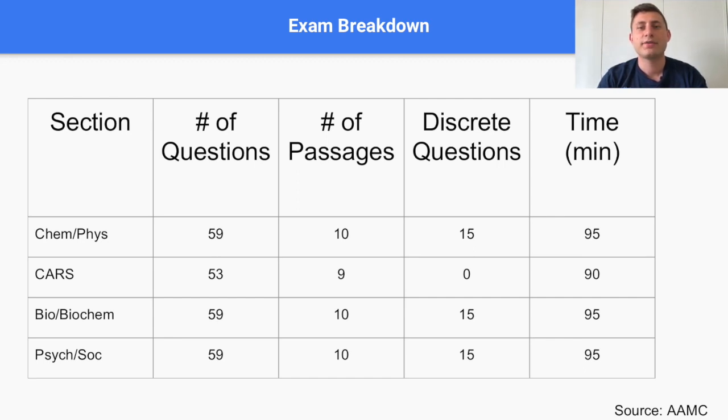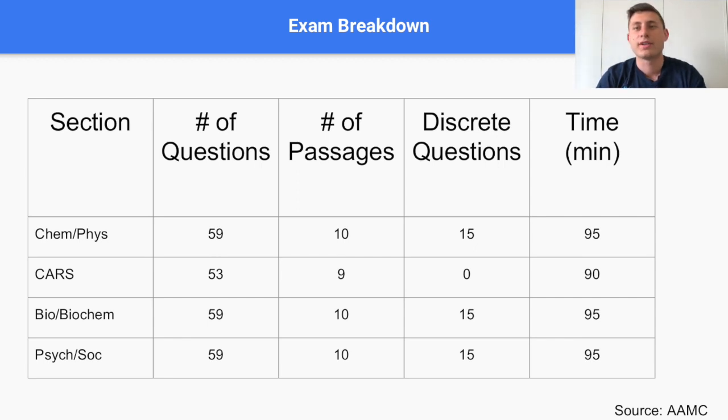And you're going to have 95 minutes for each of those sections, and we'll go into timing strategy a little bit later on in this course. And then lastly, you have the CARS section, which is in the second row, and there's going to be 53 questions for the CARS. There's going to be 9 passages, and there's going to be 0 discrete questions.